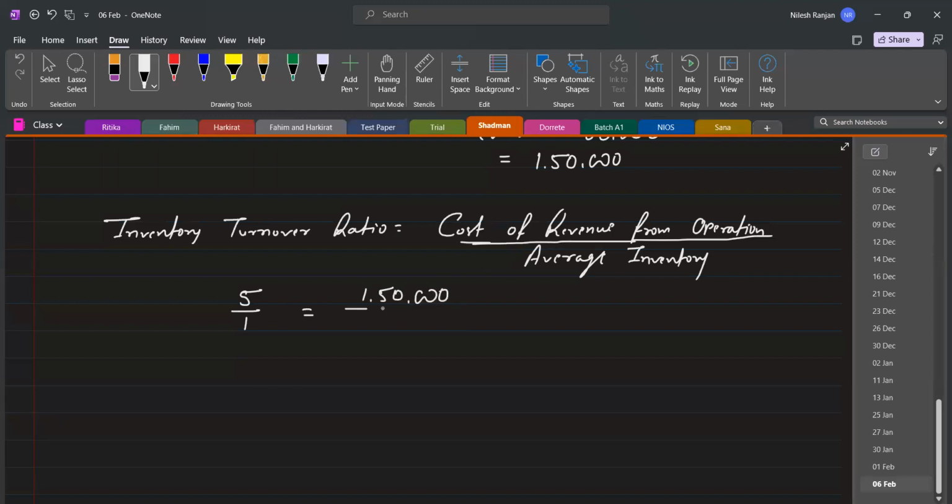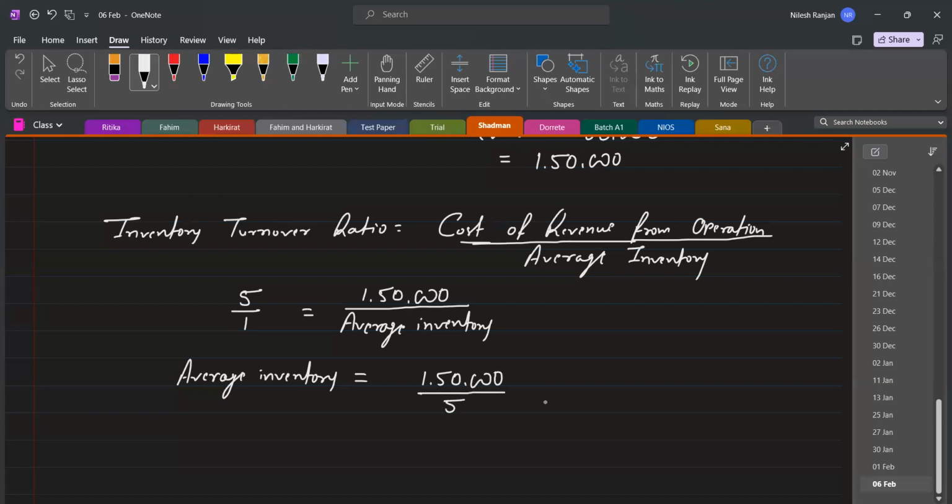And average inventory, we don't know. So we will write average inventory. Now, average inventory multiplied by 5, so average inventory equals 1,50,000 divided by 5. So average inventory is 30,000. Is this clear?